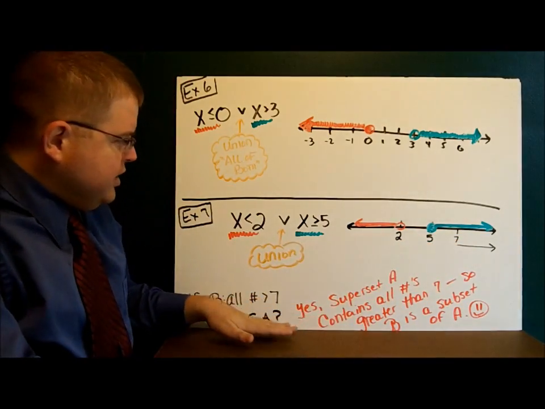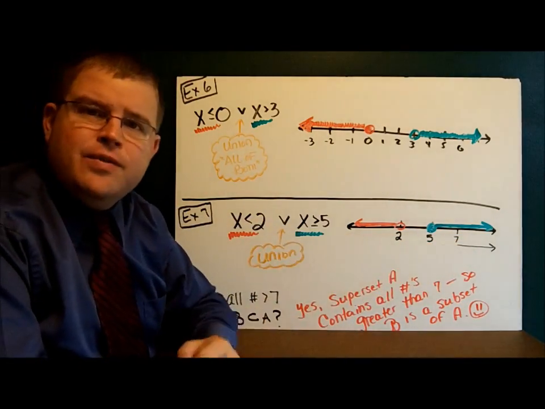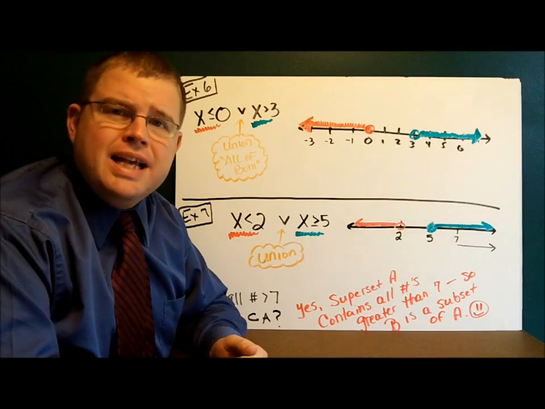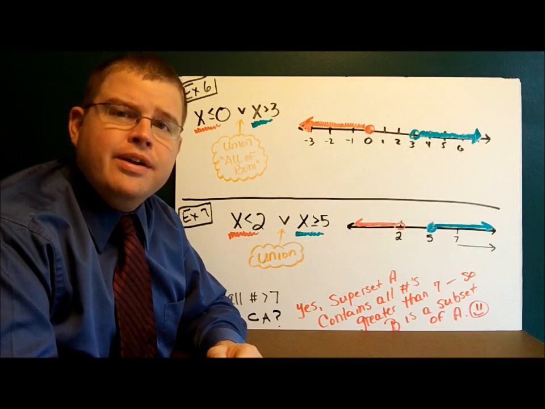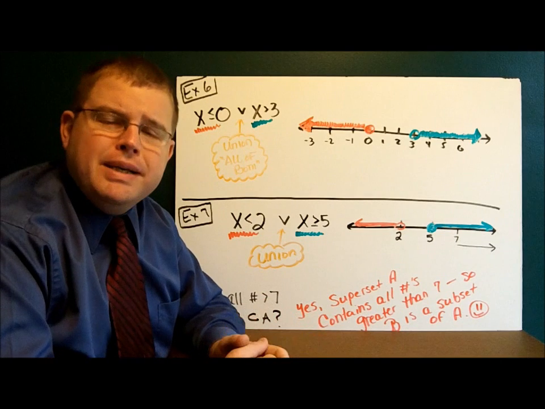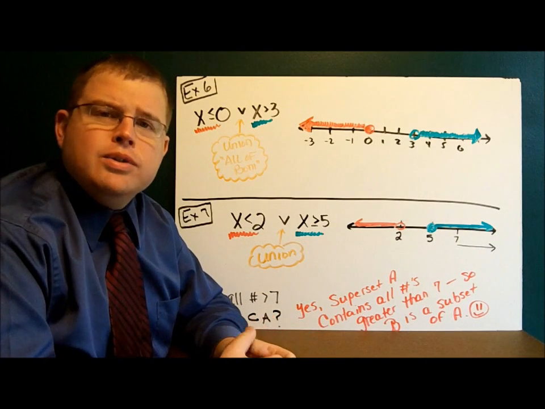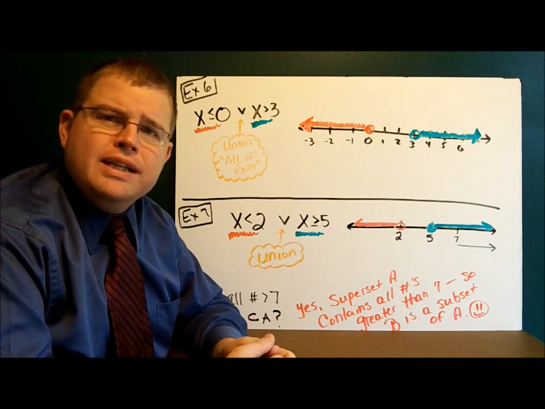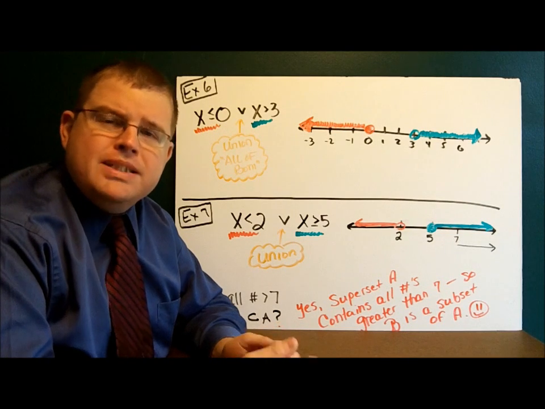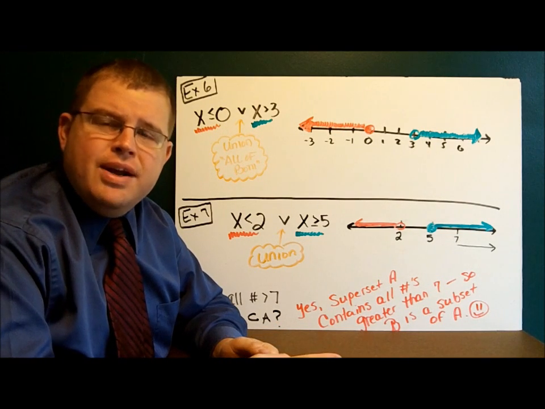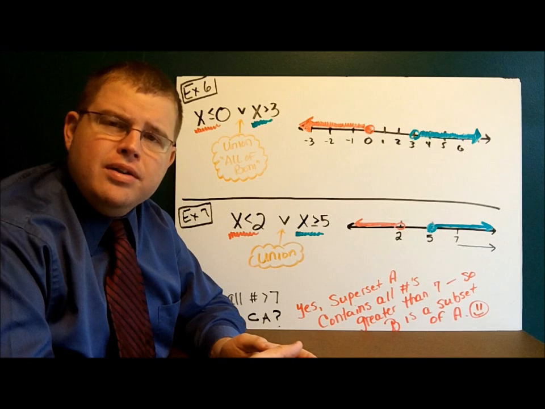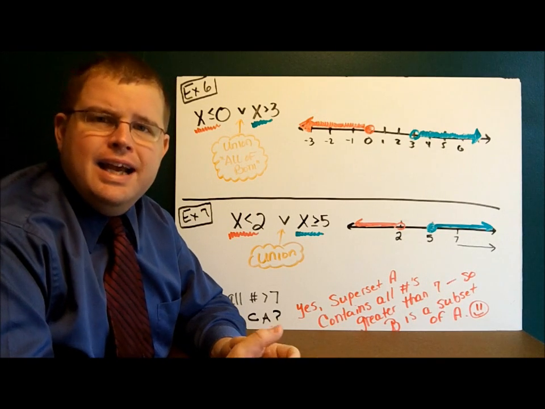Therefore, all the numbers larger than 7 are in this first set. The superset has all the numbers larger than 7. So B must be a subset of A. Those are the basics of working with inequalities, graphing them. Simple inequalities where you have x is greater than 5, or compound inequalities where you have unions and intersections.